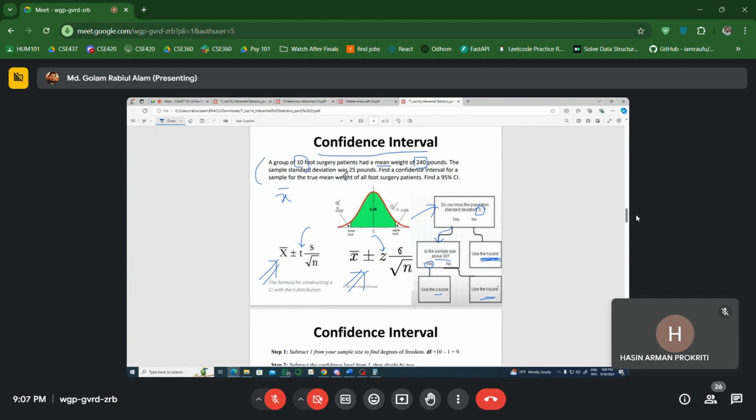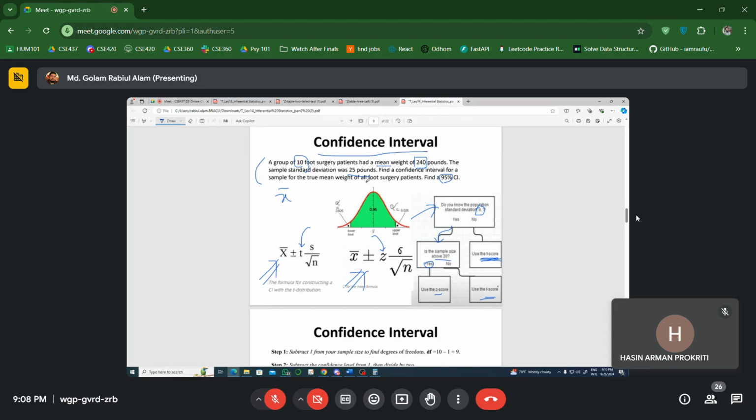The sample standard deviation was 25 pounds. That means sigma is given. Find the confidence interval for the true mean weight of all foot surgery patients, at a confidence level of maybe 95%.